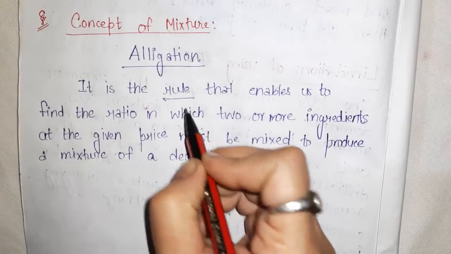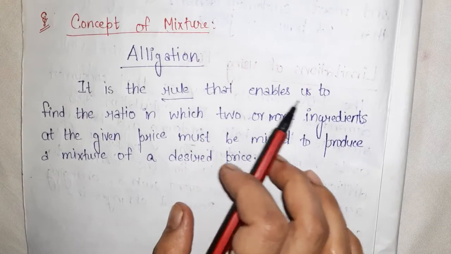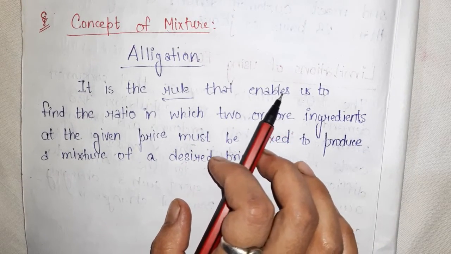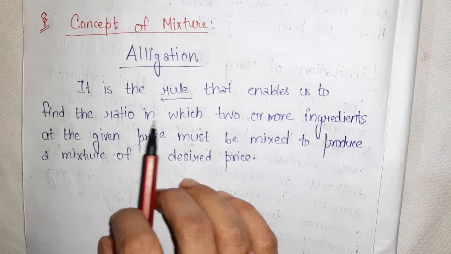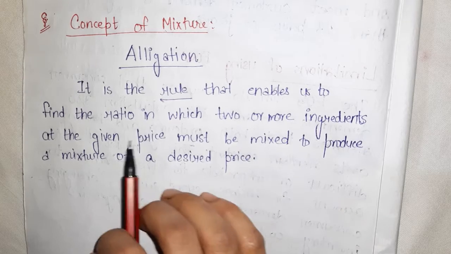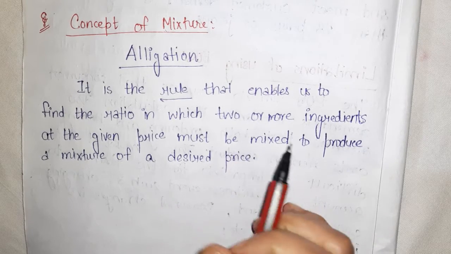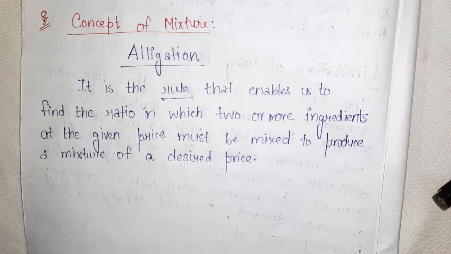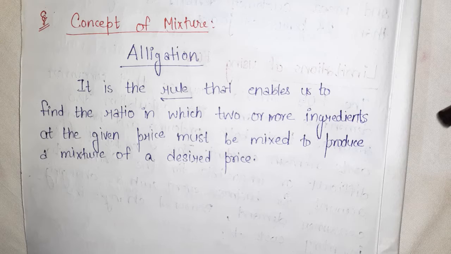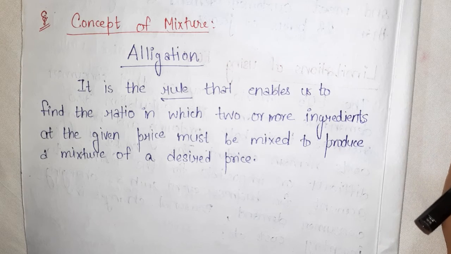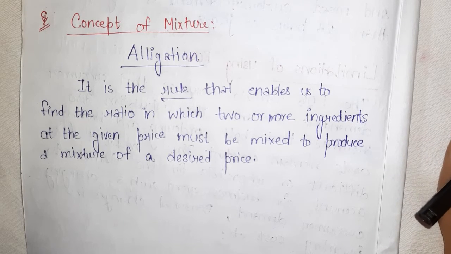Alligation is a rule, right? It is the rule that enables us, means it gives us the formula, to find the ratio in which two or more ingredients at the given price must be mixed to produce a mixture of desired price. In which two or more things we mix together and we get a mixture, and we have to find the ratio of those different quantities in that mixture, right?